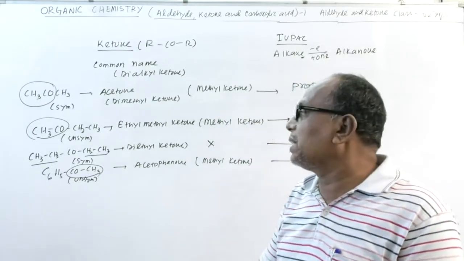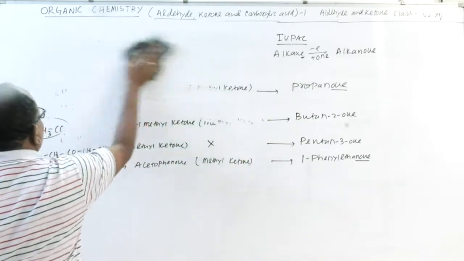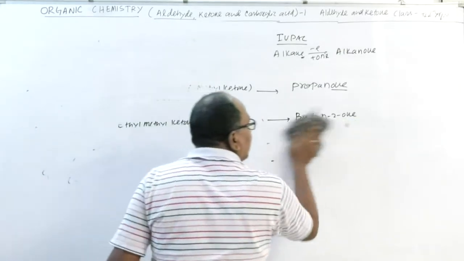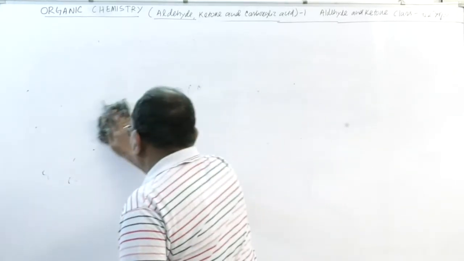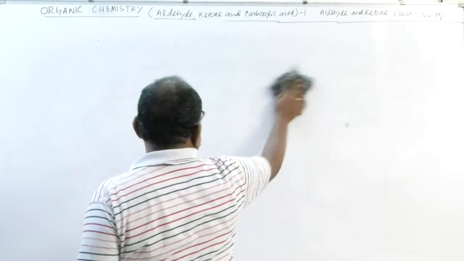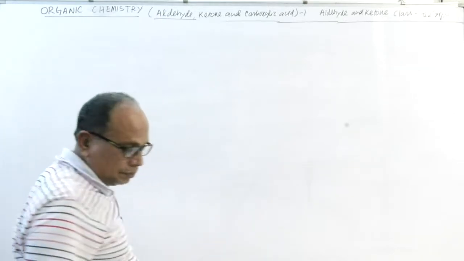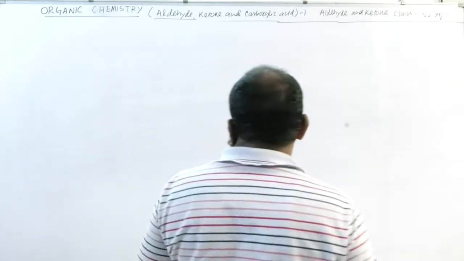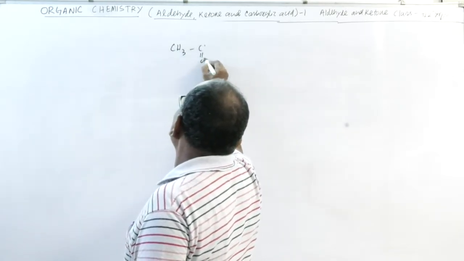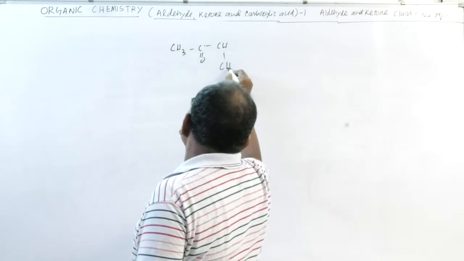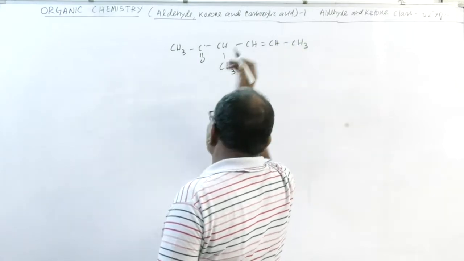Okay students, this is the nomenclature of some ketones. Let us take a complex molecule to name the ketone: CH3, C double bond O, CH3, CH double bond CH, CH3.